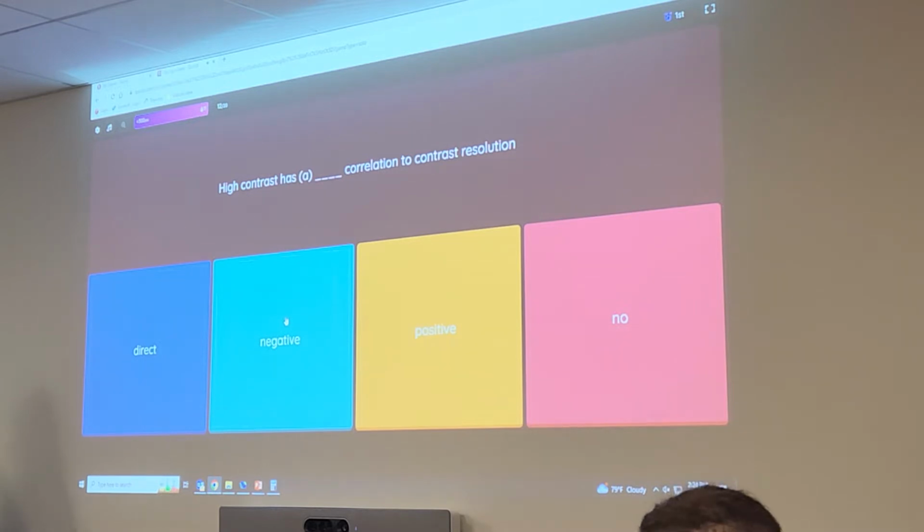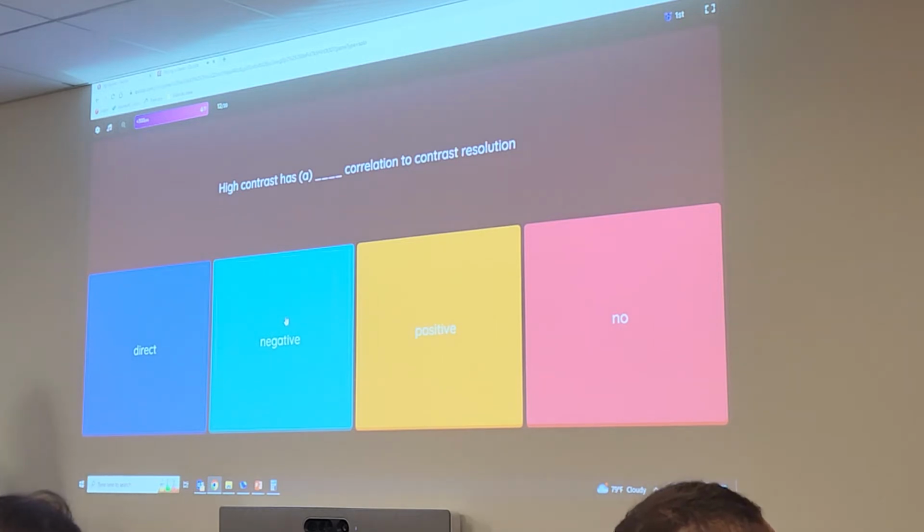It would just be kind of confusing, right? You think, oh, high contrast resolution. No. If the contrast is high, then resolution is low. So that's why it's negative. High contrast resolution is usually like no grays. For contrast resolution, you want more grays to increase it. So high contrast and contrast resolution have an inverse, negative relationship. On this one, you could have used the antonyms to your advantage, because direct and positive are pretty similar.